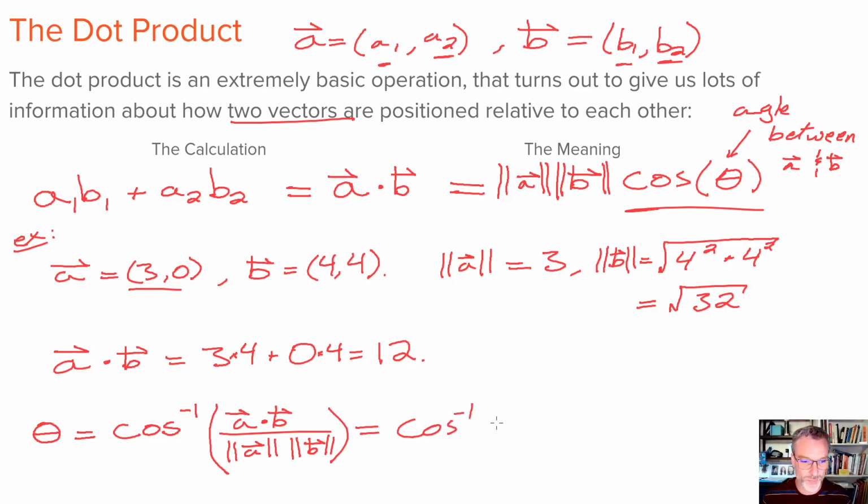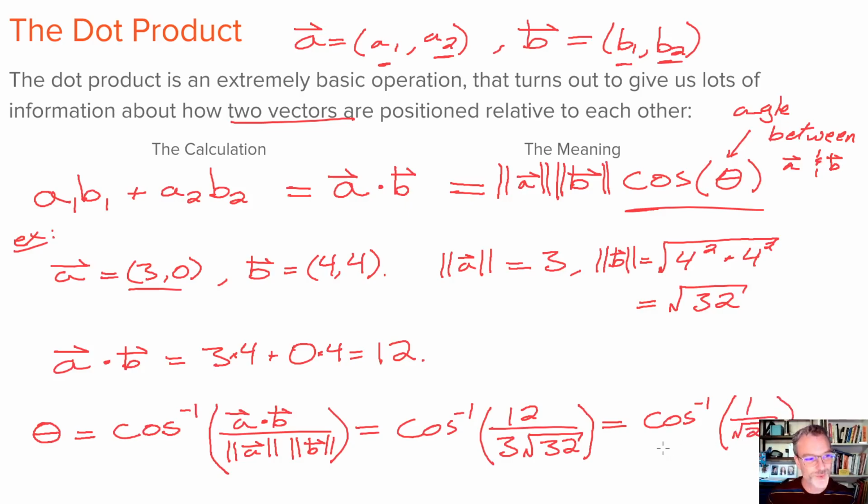Okay, so to find the angle between them, I just take the dot product, which gives me 12, divided by the length of A, which is 3, times the length of B, which is the square root of 32. You can actually simplify that a bit, and at this stage you could use your calculator if you wanted to. But this is going to be 1 over the square root of 2.